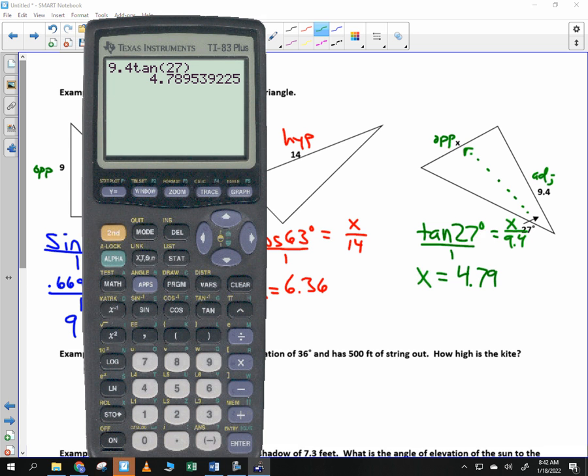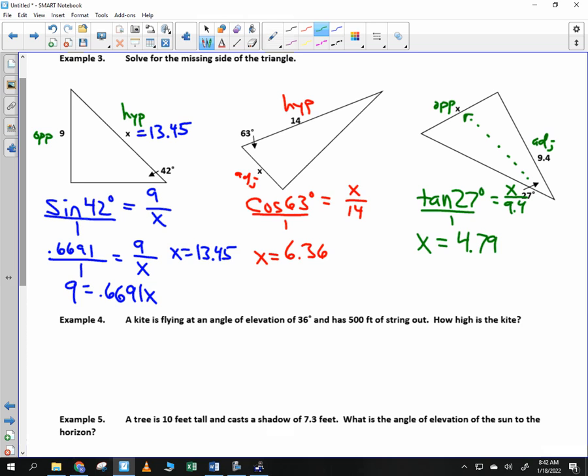That was an example of how to use all three of those trigonometric functions. Please take out your worksheet. We're going to do a couple of those problems on your worksheet together.